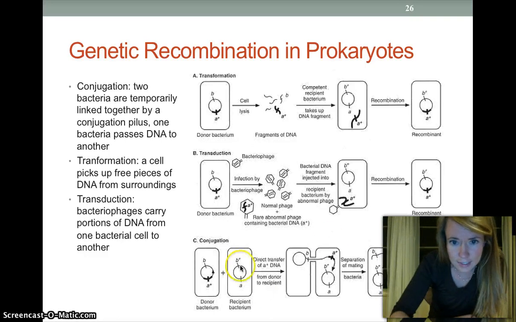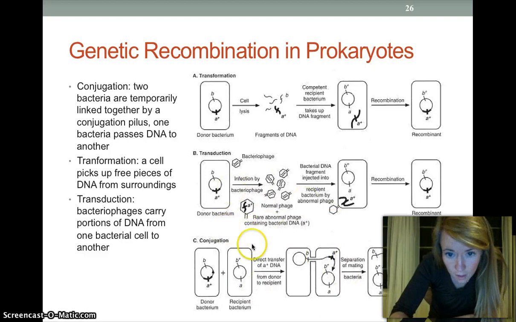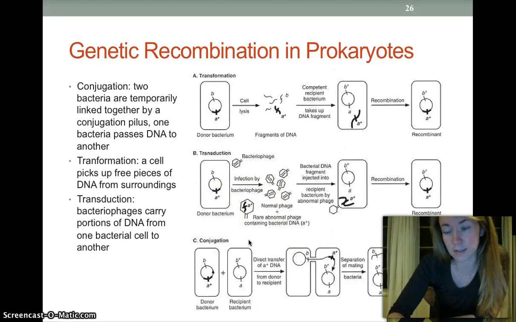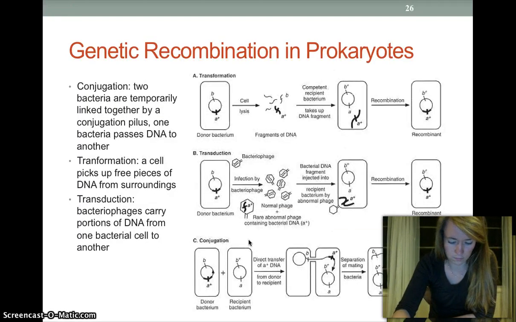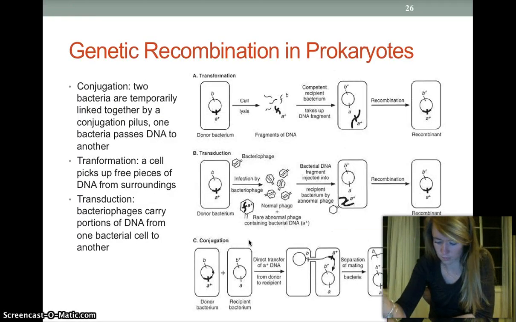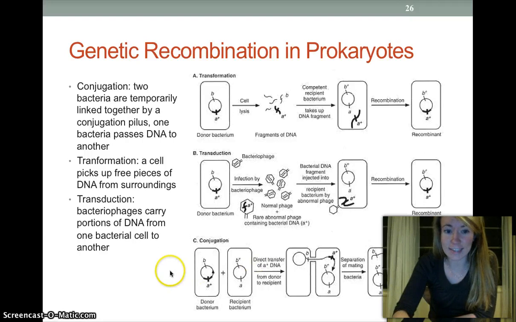So in this case, this was an abnormal phage, which has bacterial DNA instead of viral DNA. So it's just an extra piece of bacterial DNA. And that's it. That is the prokaryotes as much as you need to know for now.